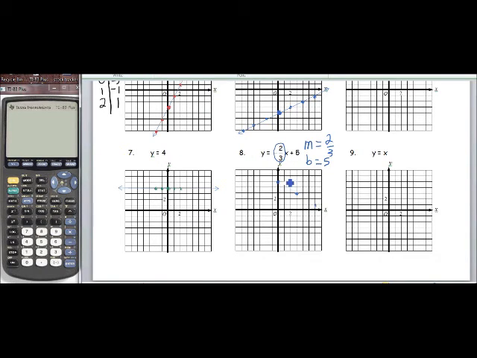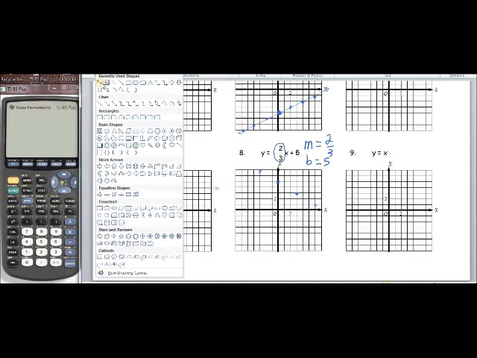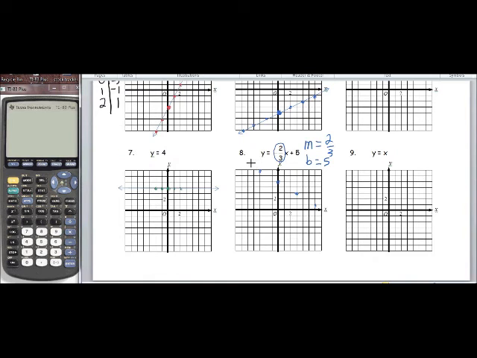Okay? And then I can reverse my pattern. If I make it positive 2, then I need to go left 3. 1, 2, 3. And you'll notice if they're coming out in a straight line and you're working on linear functions, then you are doing it properly. If it comes out into a nice straight line like that.